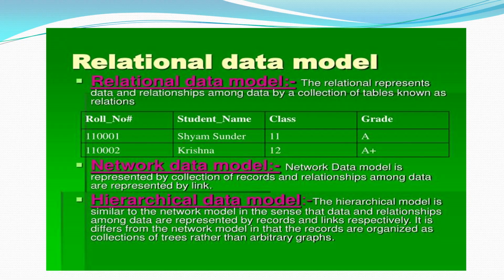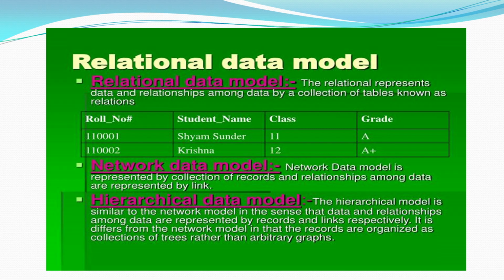So, what is the relational data model? The relational data model is the most used data model, and the most important data model used nowadays. It represents data and relationships among data by a collection of tables known as relations. Here you see there are 4 different columns in a relational data model, and 3 different rows.